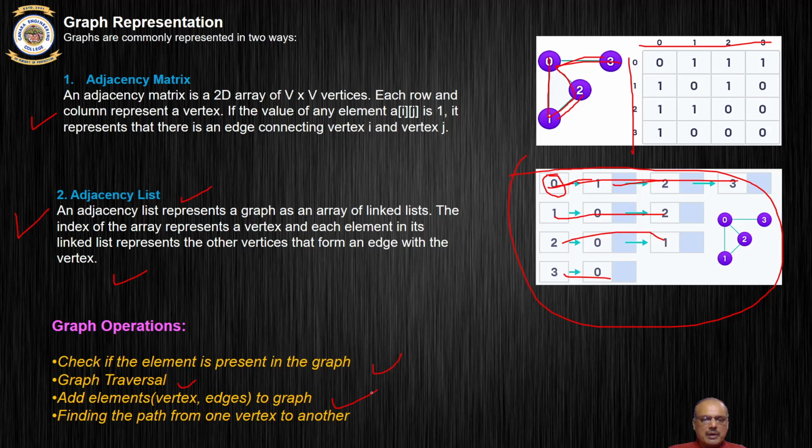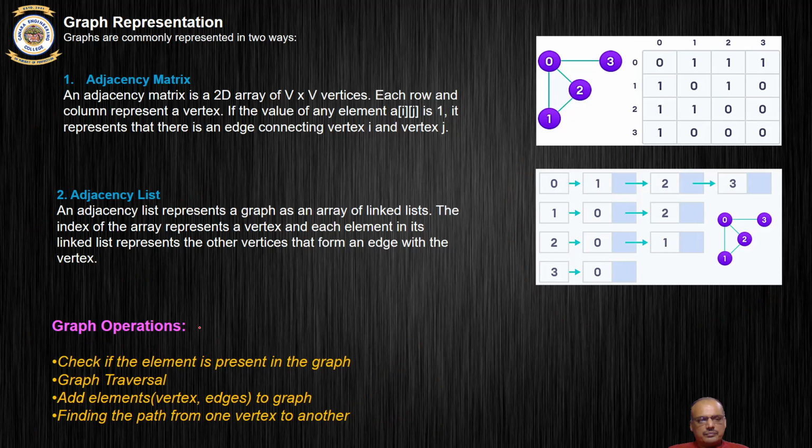We should be able to add and remove vertices or elements into the graph. We should be able to find a path from one vertex to another vertex in a graph, so a path or search algorithm should be feasible. A graph should have these kinds of functionalities in order to make it helpful. Those are some of the prominent operations that need to be supported in a graph data structure.